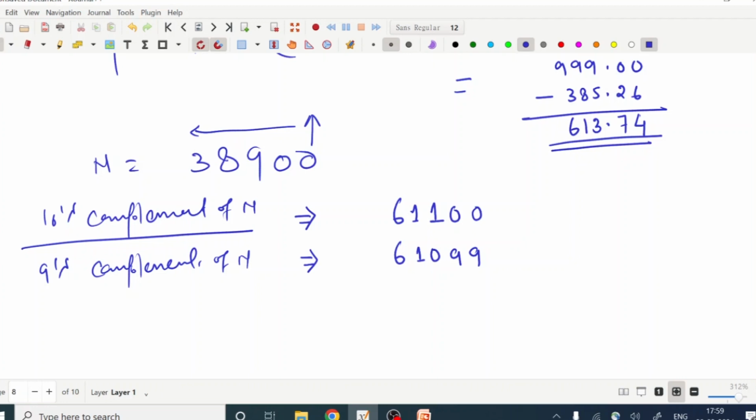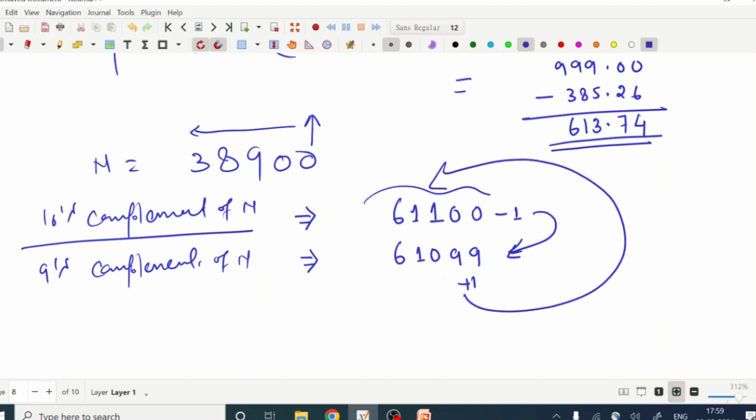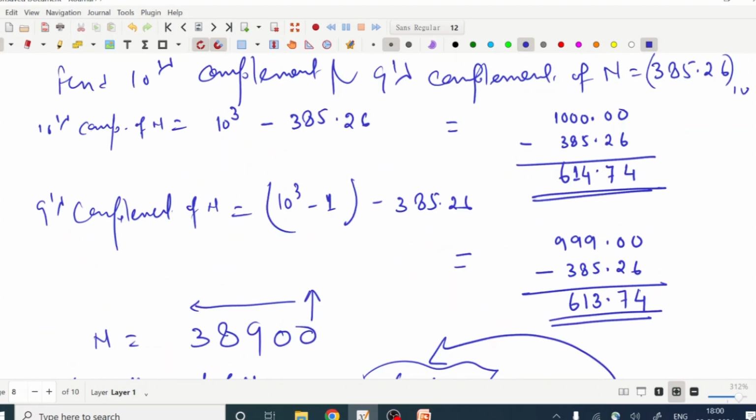When we subtract 1 from the tens complement, we get the nines complement, or when we add 1 to the nines complement, we get the tens complement of the given number. In this way, this is the general formula to compute the r's complement and the r minus 1's complement.